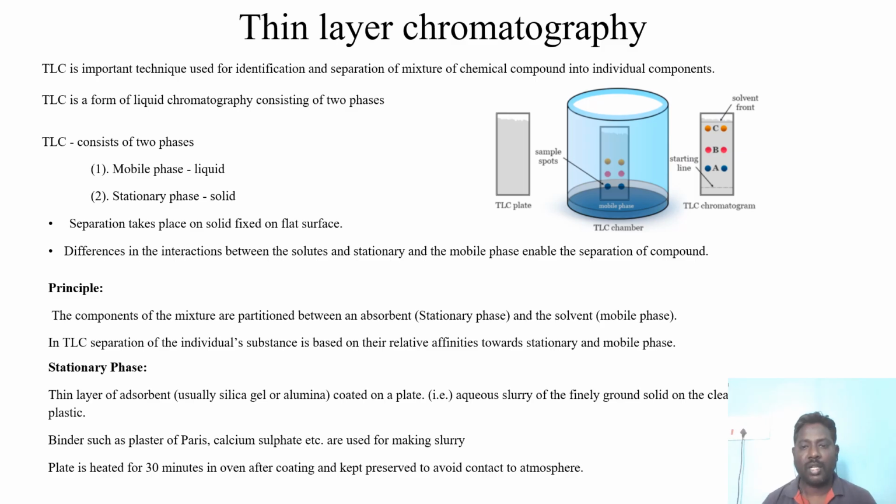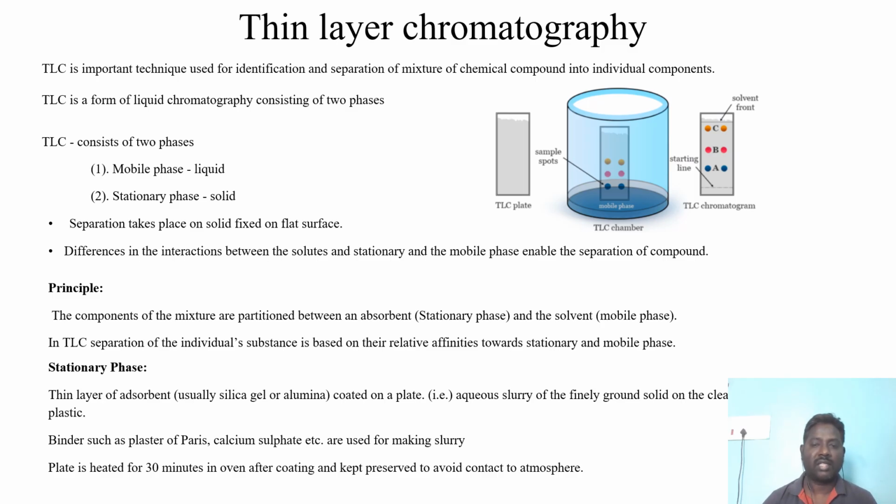Even though it is similar to adsorption chromatography, there also the sample flows with the help of the mobile phase, that is the eluent, which carries the sample. Here also it is the mobile phase.